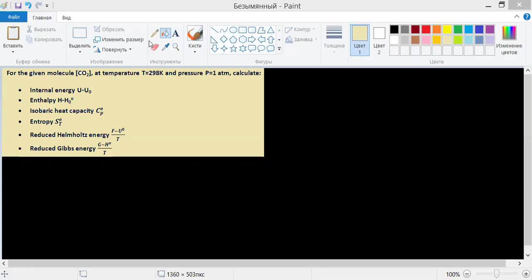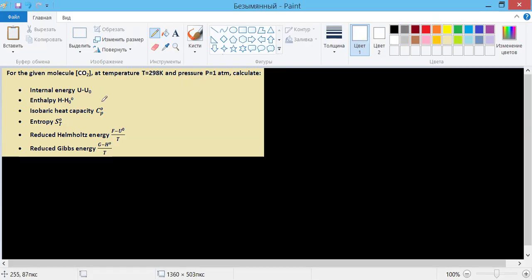Many people still don't know these symbols, why we got two seemingly alike symbols, 0 up and 0 down. Actually, the upper symbol means that we are dealing with a system which is under the pressure which is equal to 1 atmosphere, standard pressure, okay? And the lower 0 stands for the temperature, which is equal to 0 kelvins, okay?